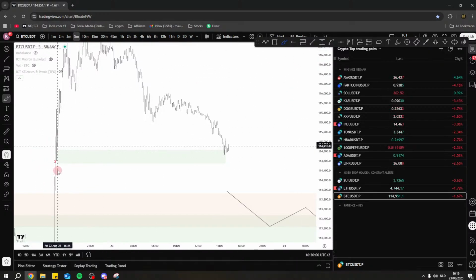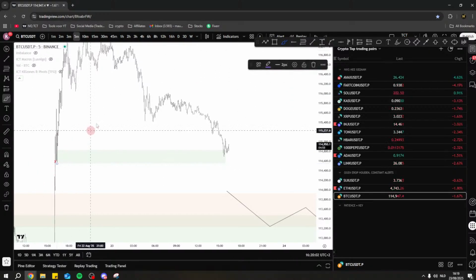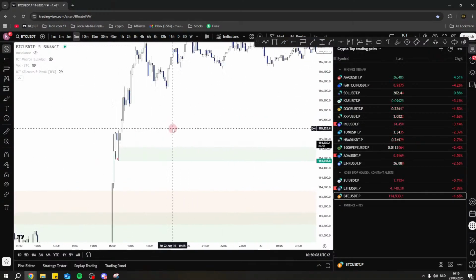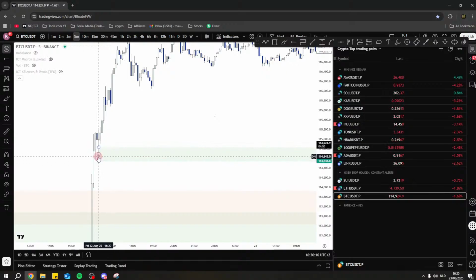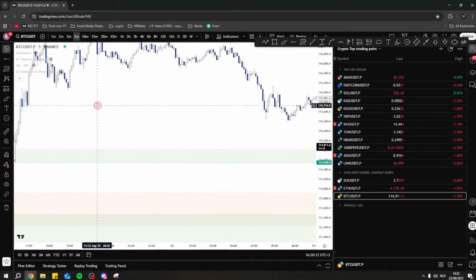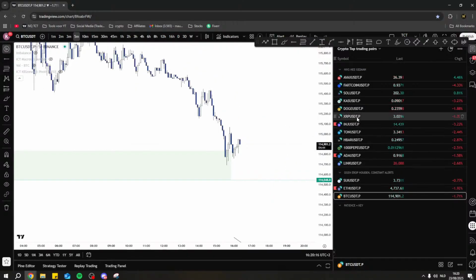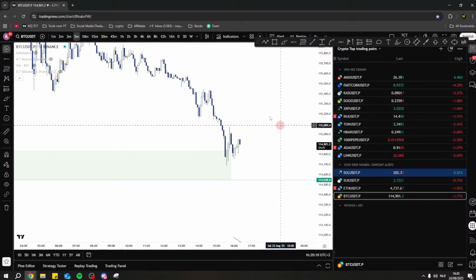Maybe I would have preferred even taking this wick down here. But that's why I started to zoom in on that local picture, because there was manipulation down here. So you don't have to take that part. So you can find yourself in a reaction here.